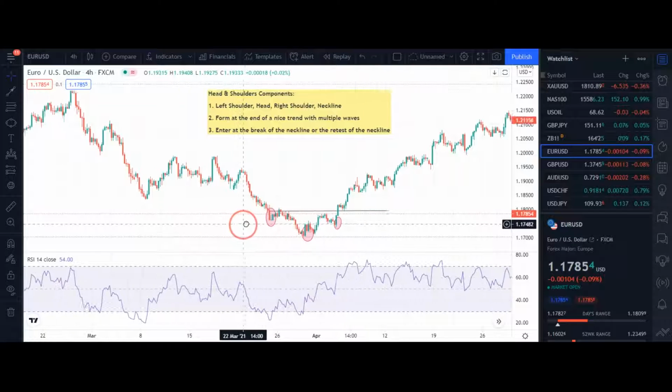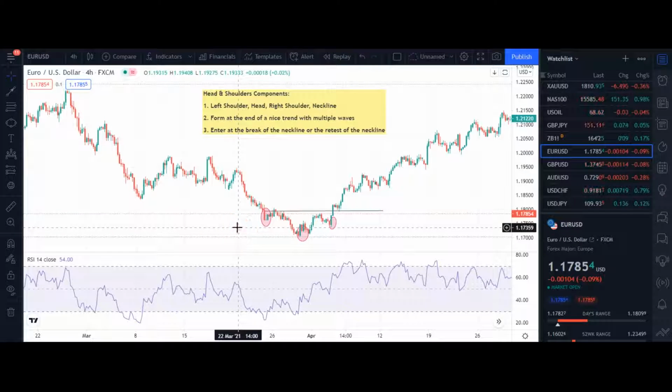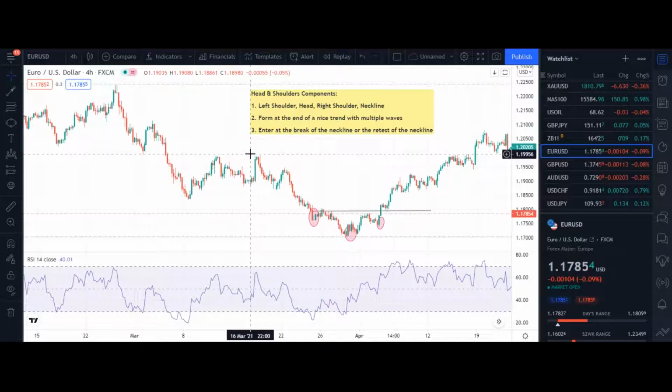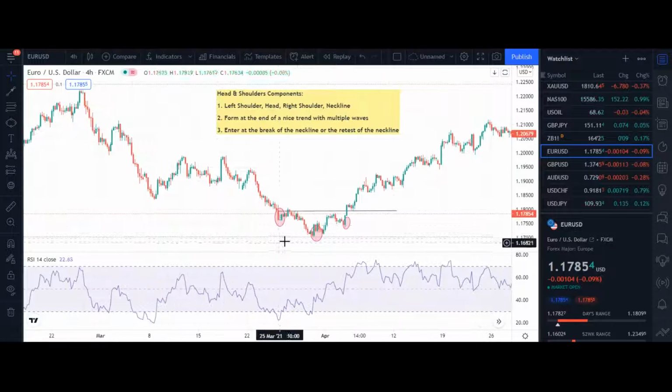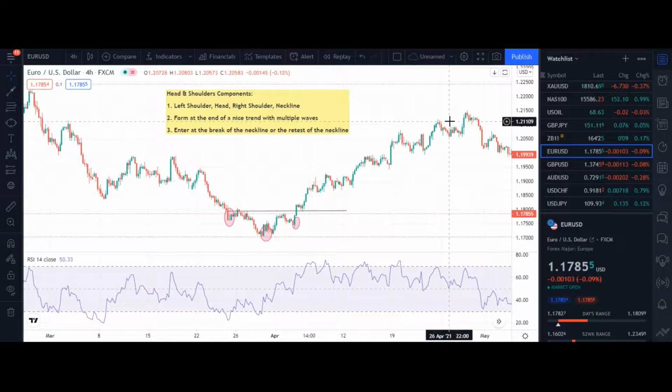Some things to look out for when you know you have a great pattern forming. They like to form at the end of a nice trend with multiple waves. So if you're just trading a quick correction and you see something, I wouldn't consider that a real valid pattern, because you might not get such a nice move in the opposite direction.